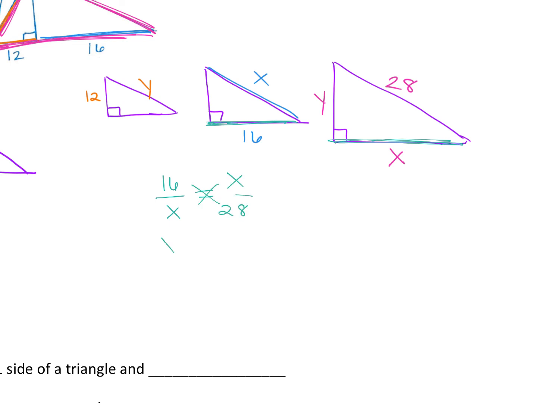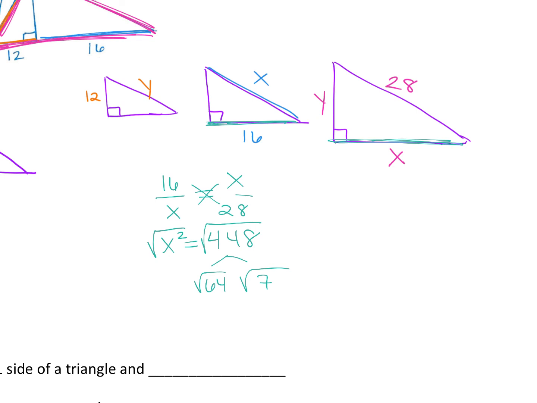So cross multiply that, you get X squared equals 448. Then we take the square root, breaking it into a perfect square and a non-perfect square. Did anyone get it? 64, yeah. So this is 64 times 7.